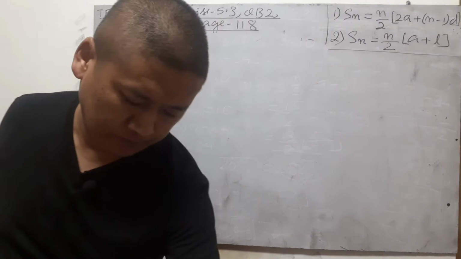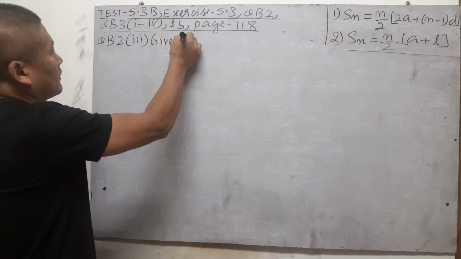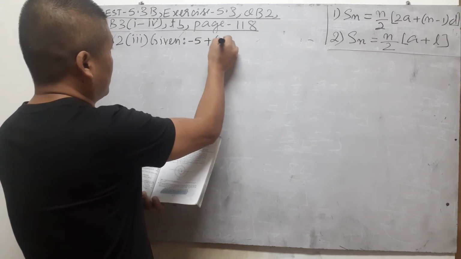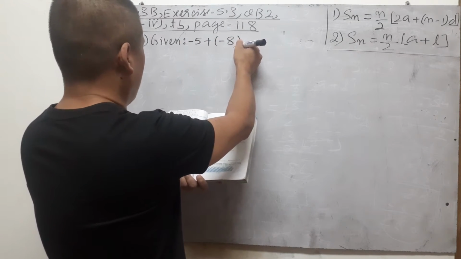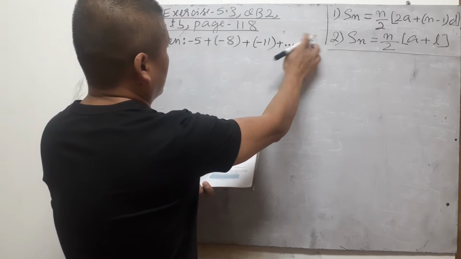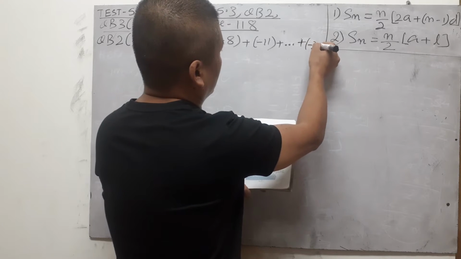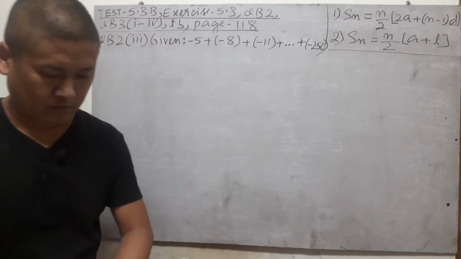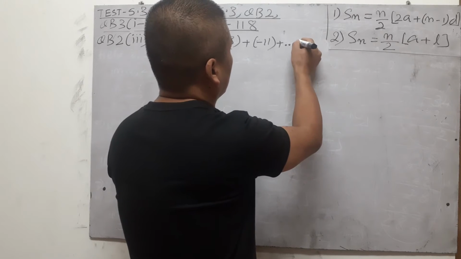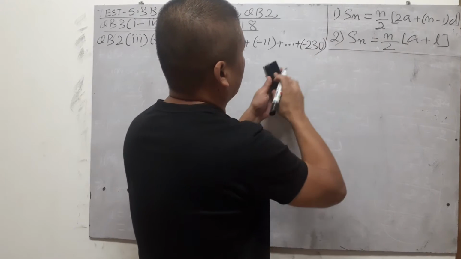What is given to us now is minus 5 plus bracket minus 8 plus bracket minus 11 plus etc. And the last term is plus bracket minus 230. So that's what we have here.